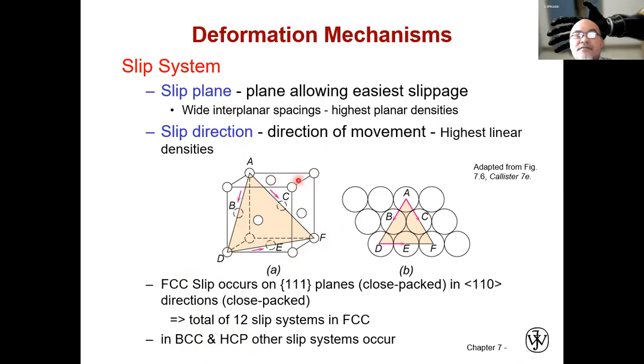So 1, 2, 3, 4. You can have four 111 planes within one single cube. Then you have three slip directions, in the 110 directional family. So in total, the slip systems will be 4 times 3 equals 12.